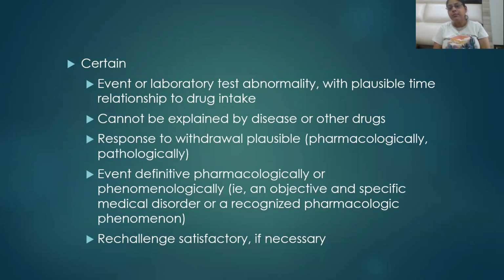Concomitant therapy is the therapy where the patient is suffering from some disease and is taking 2 to 3 drugs, and one drug is the causative agent of the adverse reaction. But if the other drugs also explain the occurrence of the adverse reaction, or the underlying disease condition explains the adverse reaction, then it doesn't come in the certain category. It should be no. Means the other drugs and the disease condition should not explain the adverse reaction. This is the certain category.